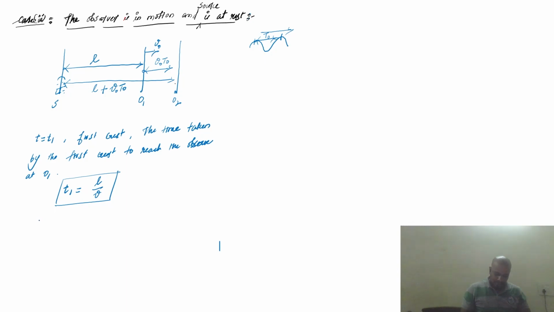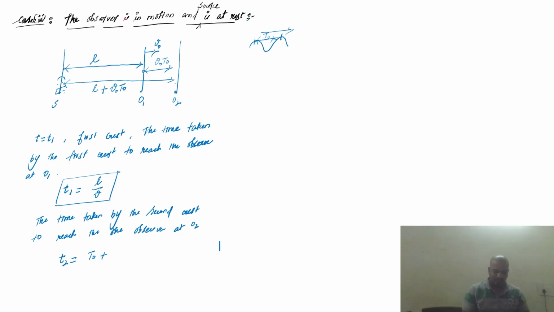Now the time taken by the second crest to reach the observer at position O2 will be equal to the time t2, equal to the period of the wave, because the time taken for the generation of the second crest, that is the period, is t naught, plus the time taken by the second crest to reach the observer O2.